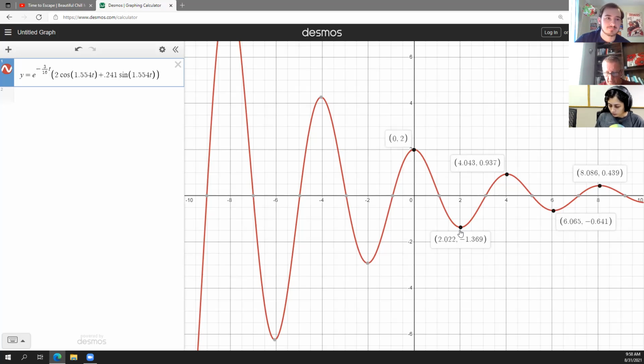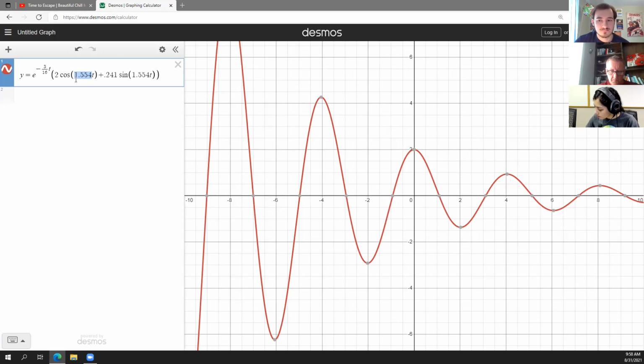Looking at your equation over here, what do you do with 1.554? That's not the period, or is it? What do you do? Take 2 pi divided by that number.